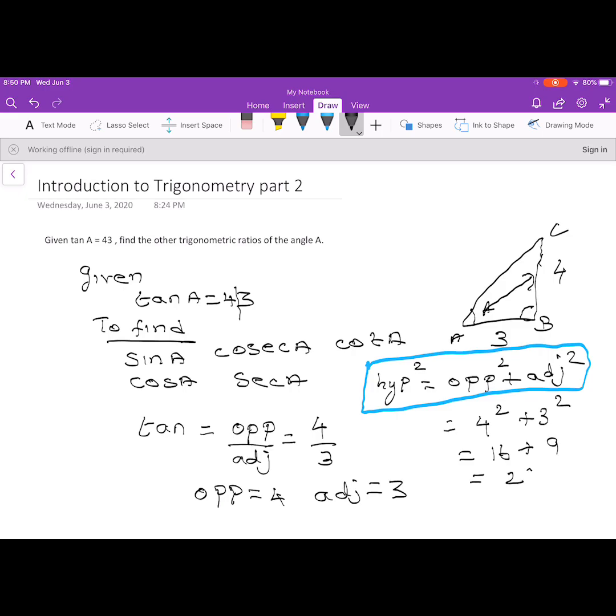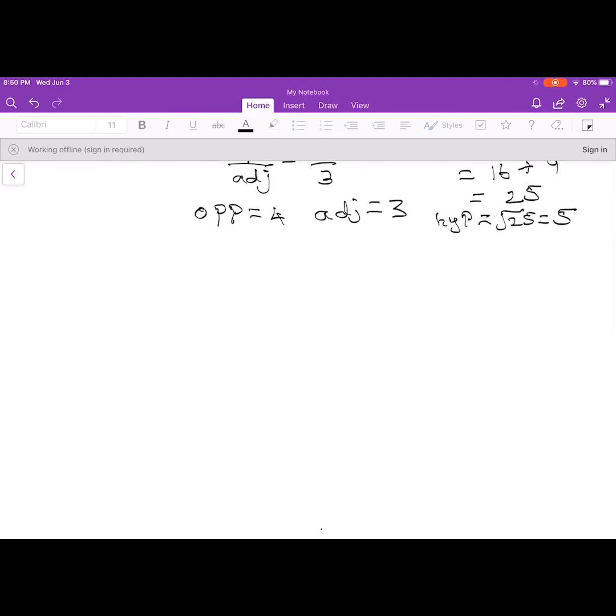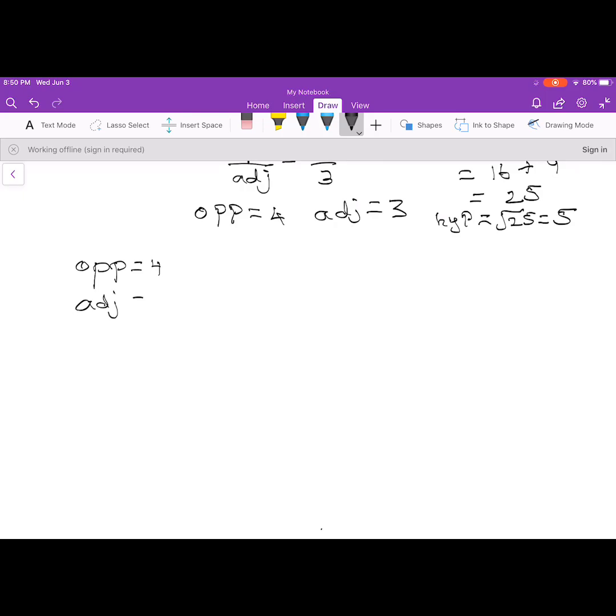So hypotenuse square is 25 and hypotenuse is root of 25, that is equal to 5. Now we got all three things: opposite is 4, adjacent is 3 and hypotenuse is 5.